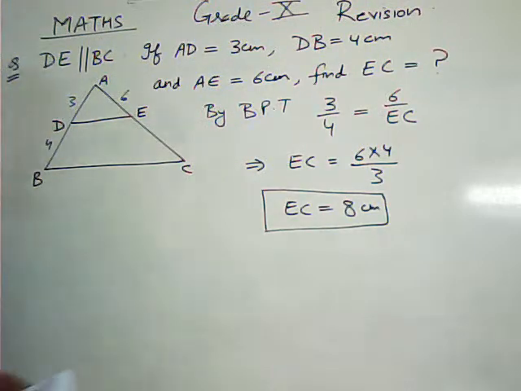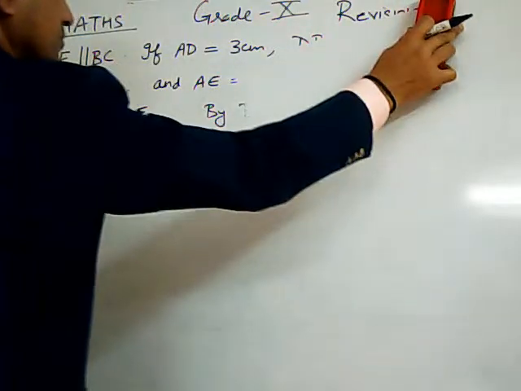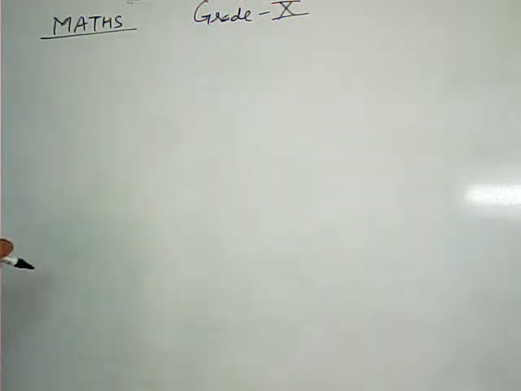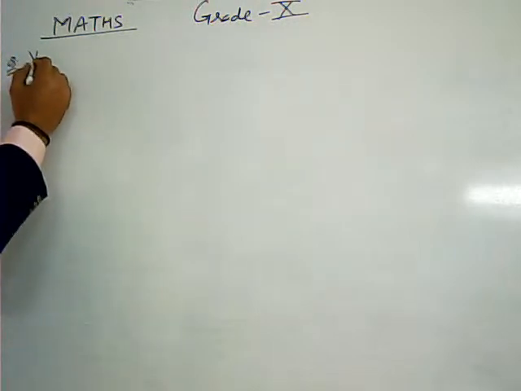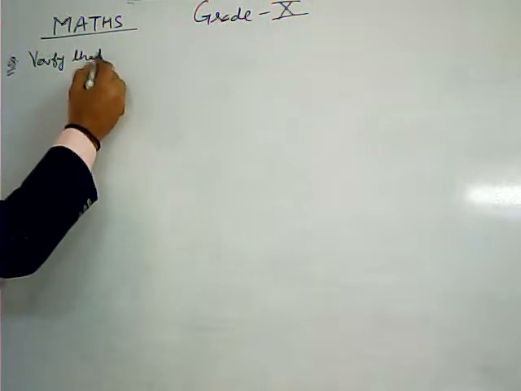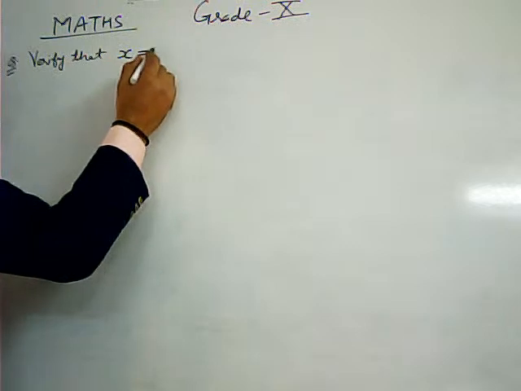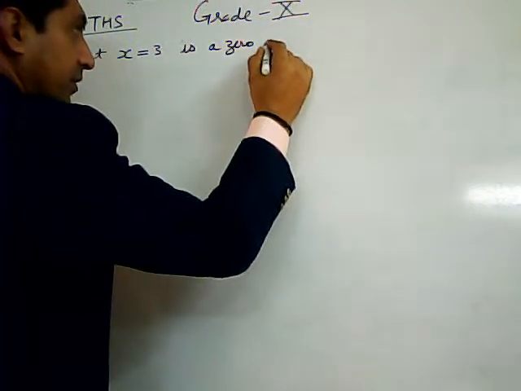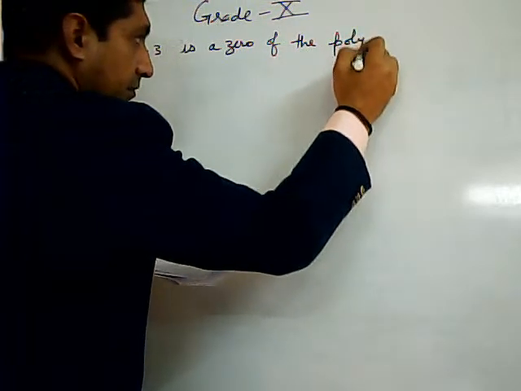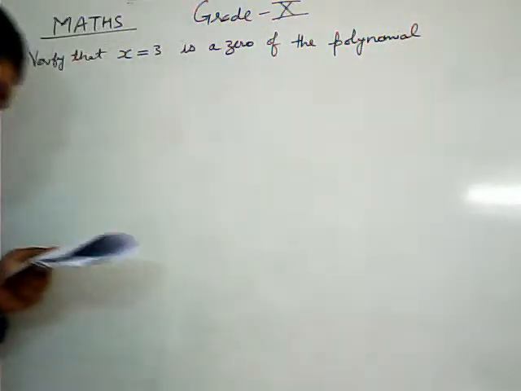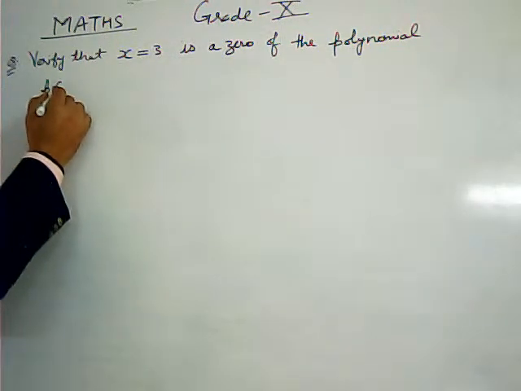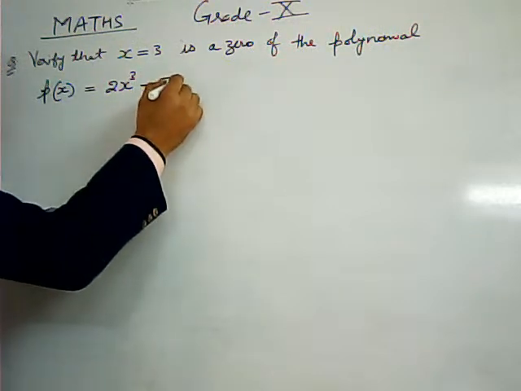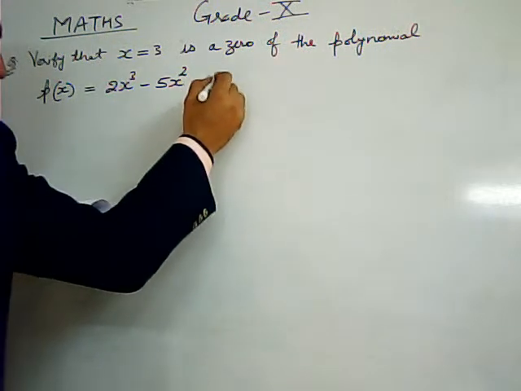So next question. Next question is: verify that x is equal to 3 is a zero of the polynomial P(x) is equal to 2x cube minus 5x square minus 4x plus 3.